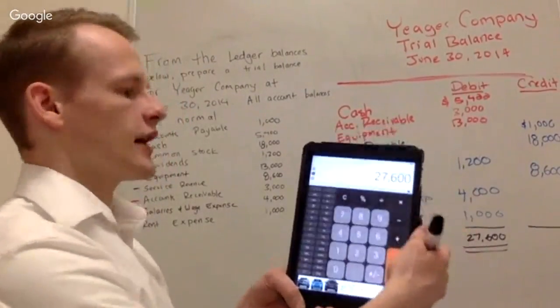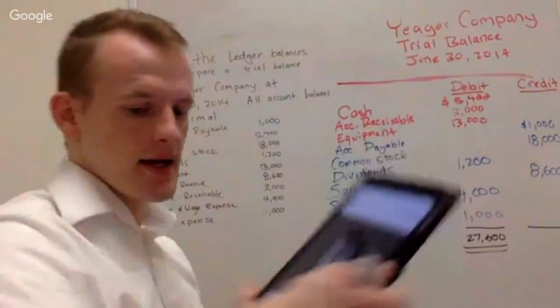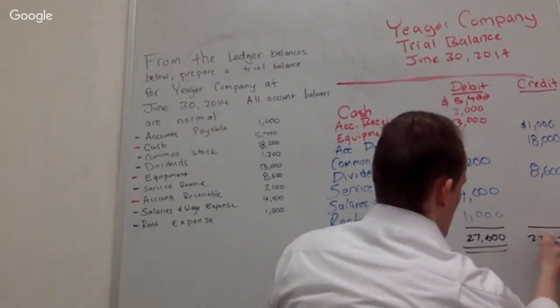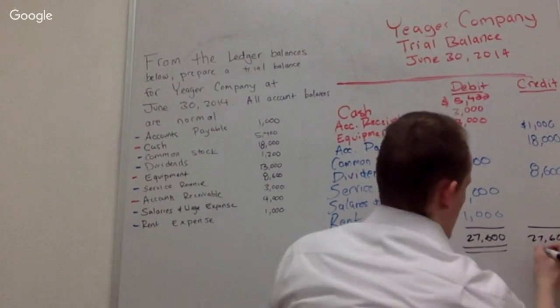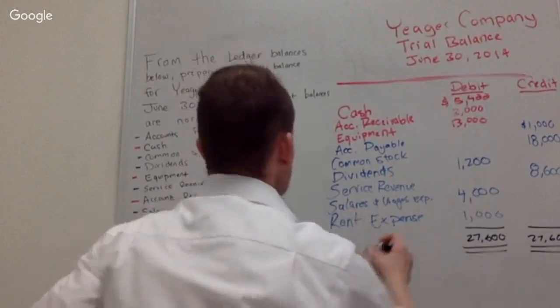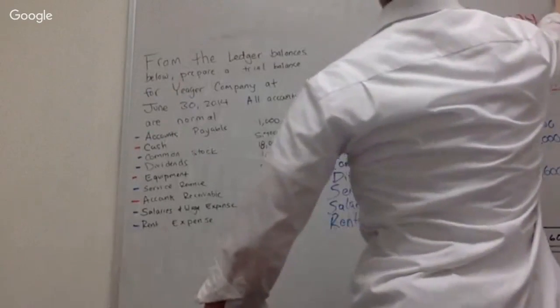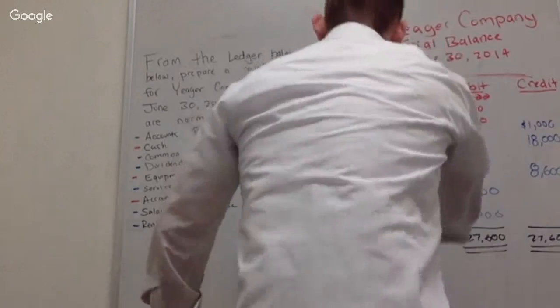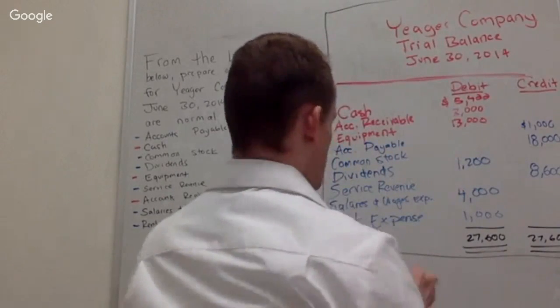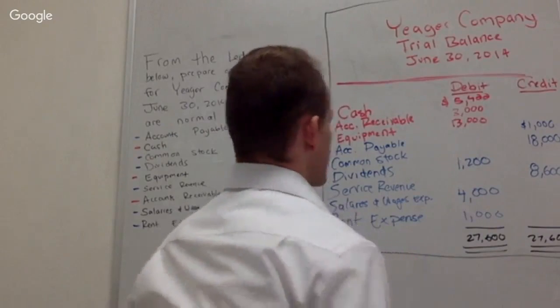And yes, it comes out to 27,600. So we'll go ahead and write that and double underline that. And that will be our trial balance for the Yeager Company on June 30, 2014.